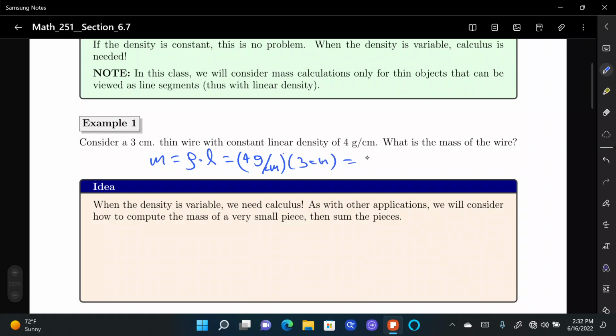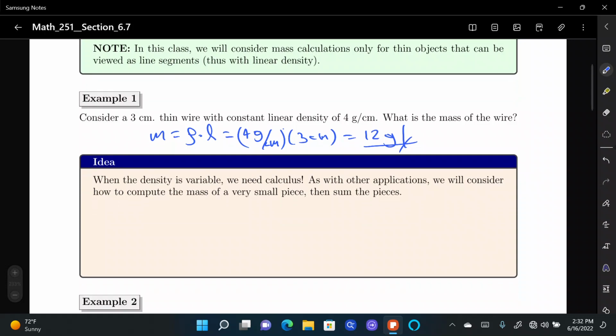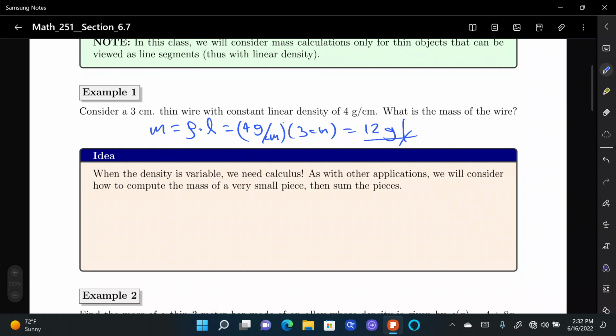Checking the units, that's 4 times 3, which is 12 grams. So the units are consistent with mass, 12 grams. All right. Of course, for this course, you're not expected to know any chemistry, because we're not going to look into anything from the periodic table, all those properties like molar mass and all that. So that's fine.